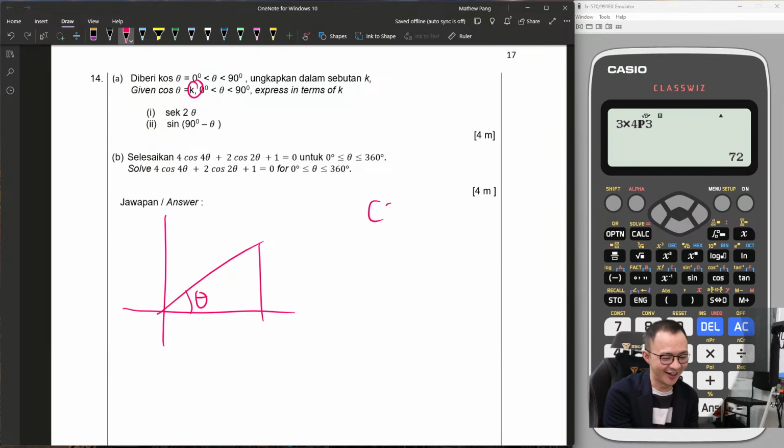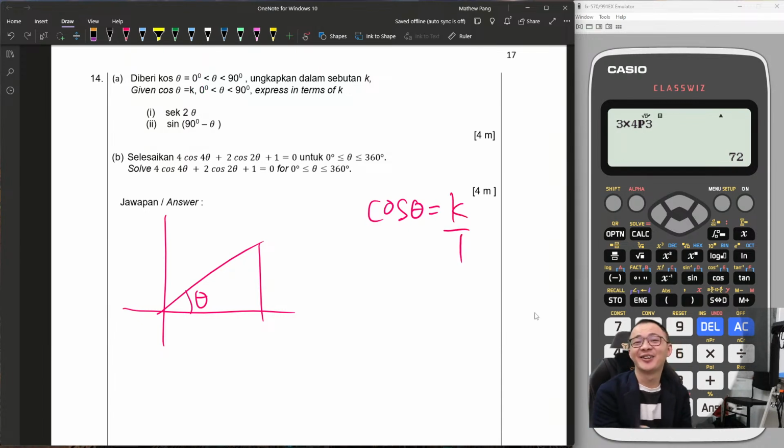Cos theta equals k. Why cos theta equals 0? Why so weird? So this is k over 1, right? Cos is what? Cos is adjacent over hypotenuse. So the opposite side should be the square root of 1 minus k squared lah. Okay, Pythagoras, don't need I teach you how to do Pythagoras.